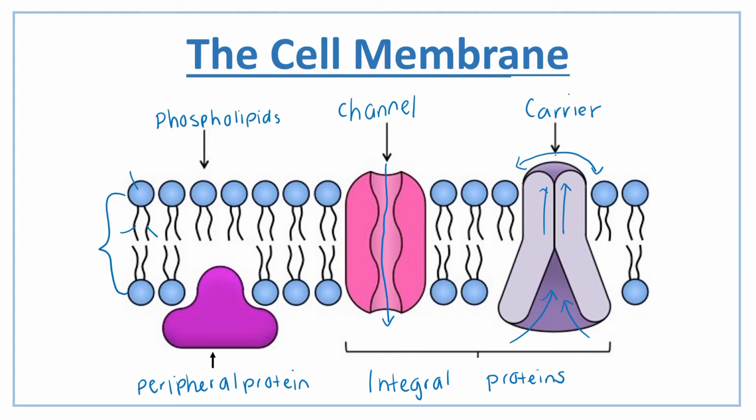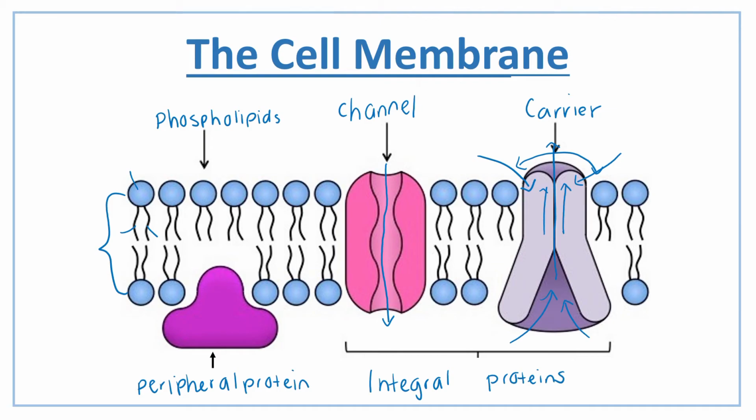So what happens instead is energy will come along and will open this part of the carrier protein, allowing these molecules to move through. But that can only happen in the presence of energy, which we will talk about more later.